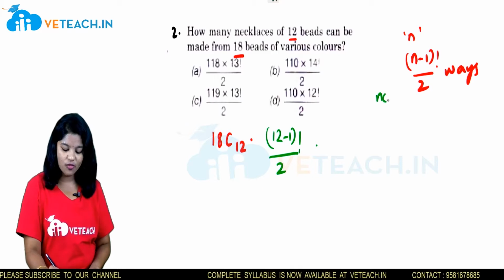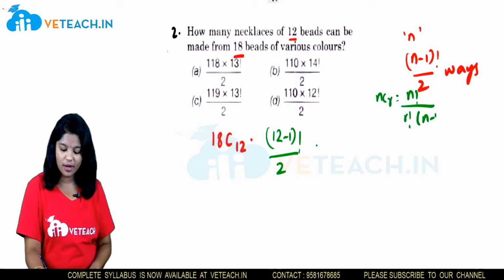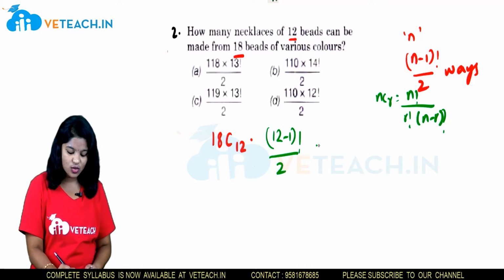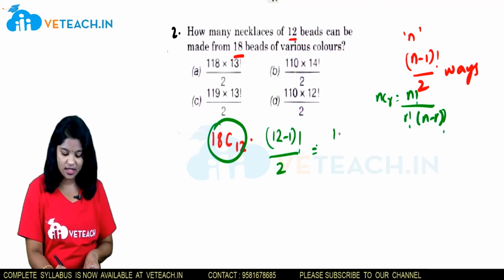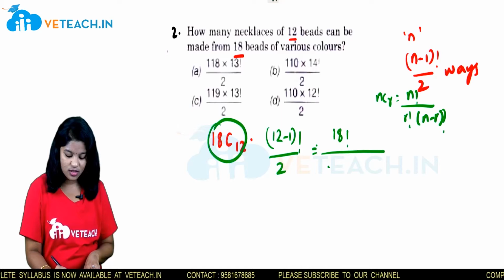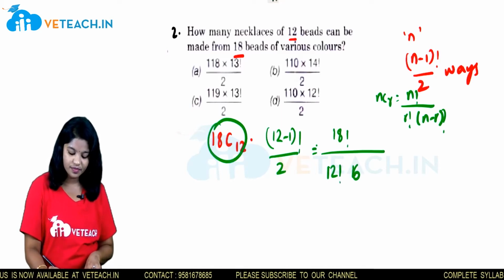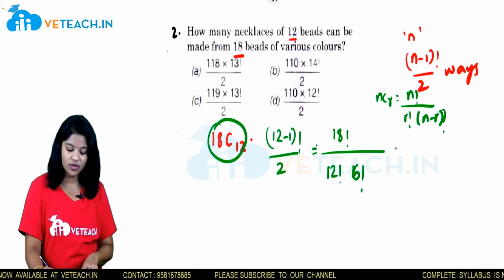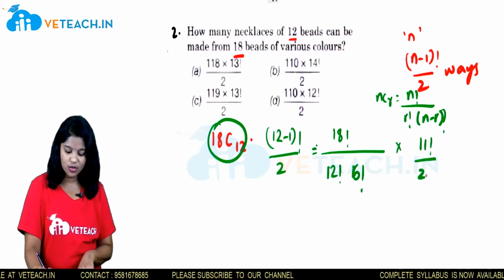We know the nCr formula, that is n factorial by r factorial into (n minus r) factorial. So, 18C12 will be written as 18 factorial by 12 factorial into (18 minus 12), that is 6 factorial, into 11 factorial divided by 2.